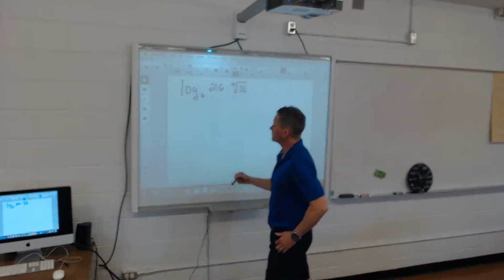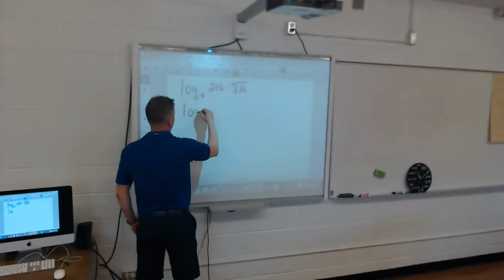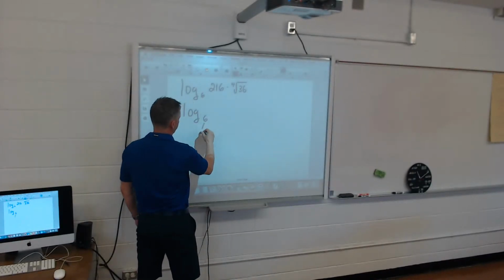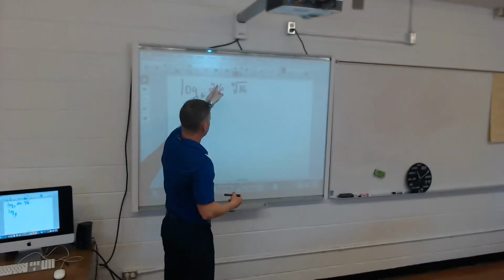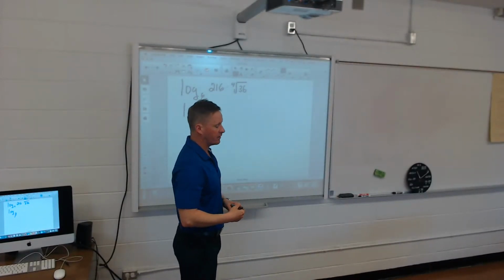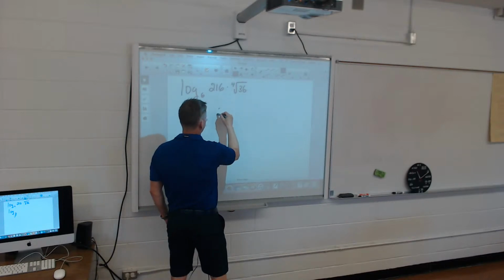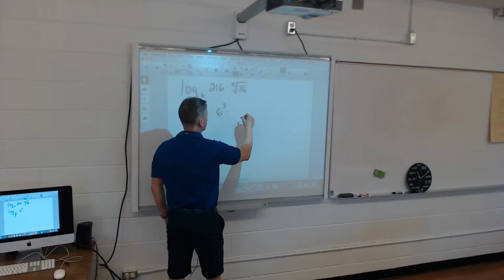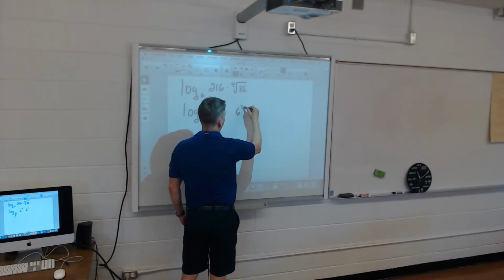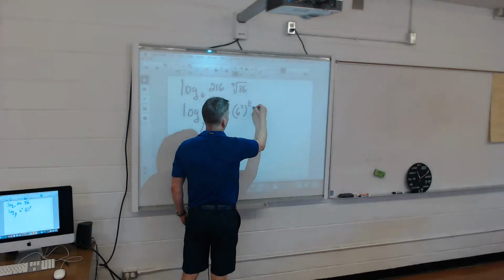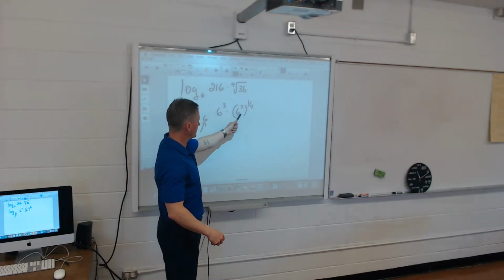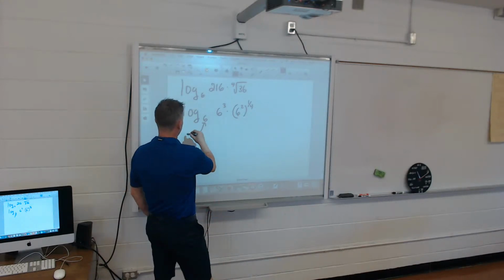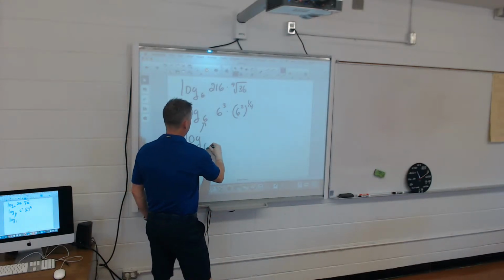So here's what I do. My focus is always on my base value. So my base value is 6. So I want to change 216 and 36 to a base 6. So that's going to give me 6 to the 3 times 6 squared to the 1/4. Okay, the 4th root becomes 1/4. 36 is 6 squared. So let's keep working with it.